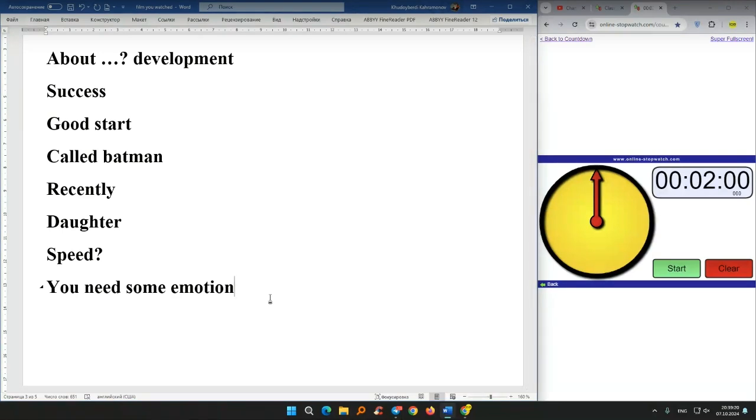Because we have two types of stress: word stress and sentence stress. You need to learn how to use sentence stress by putting stress on the particular word inside of the statement. That's why you need to learn how to control your sentence with some emotions, right?